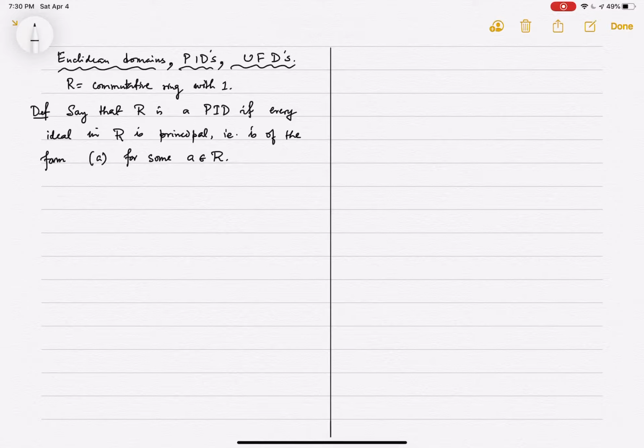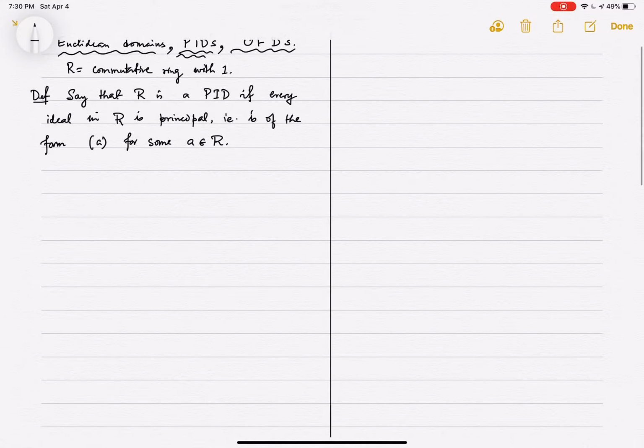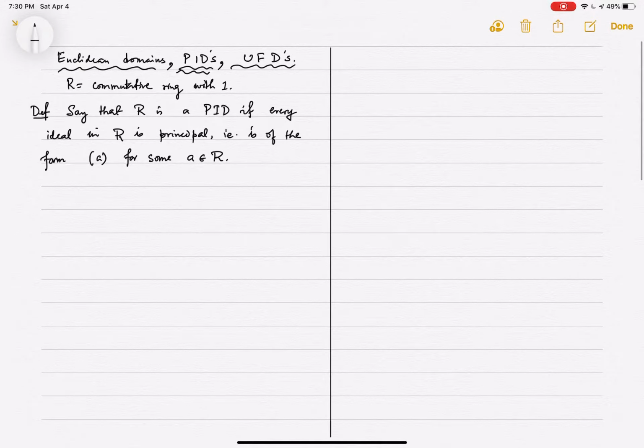So the last topic, more or less under the heading of ring theory that we'll study, is three particularly interesting classes of rings called Euclidean domains, principal ideal domains, and unique factorization domains. Principal ideal domains are abbreviated PIDs, and unique factorization domains are abbreviated UFDs.